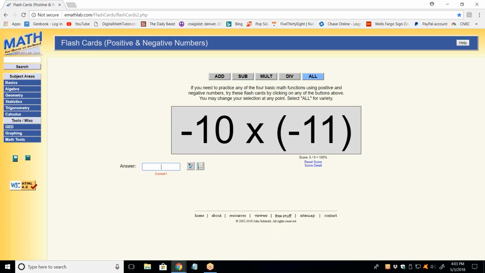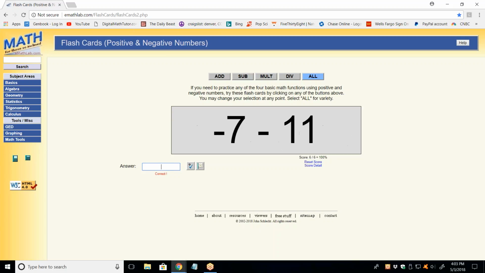When you multiply a number by 10, all you do is add a 0 to it. 110. -18. -3.